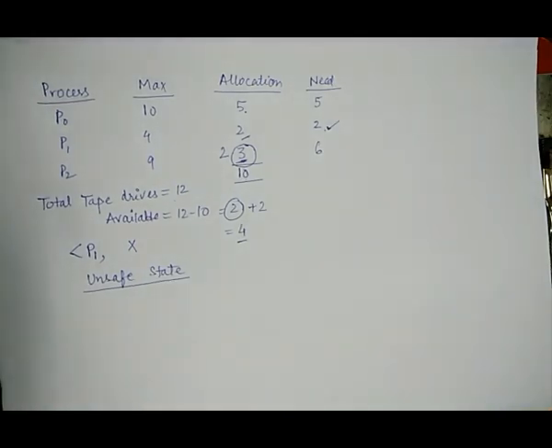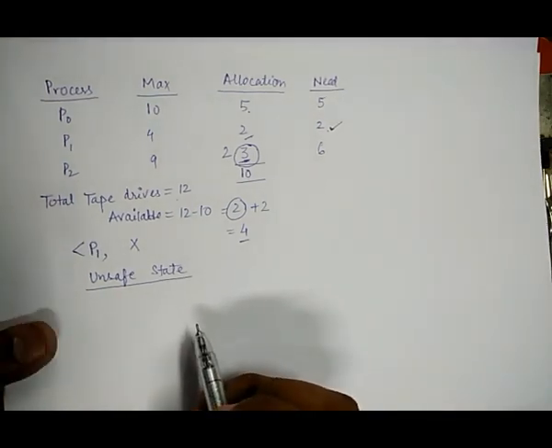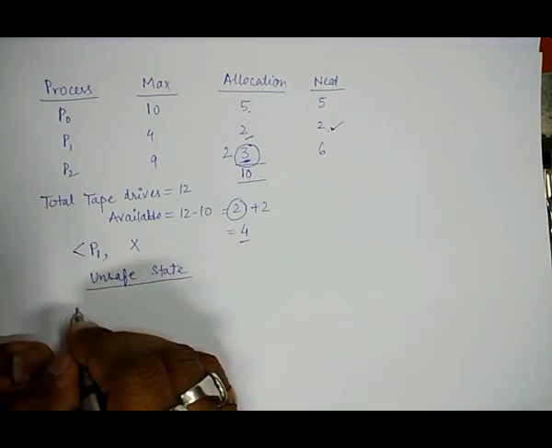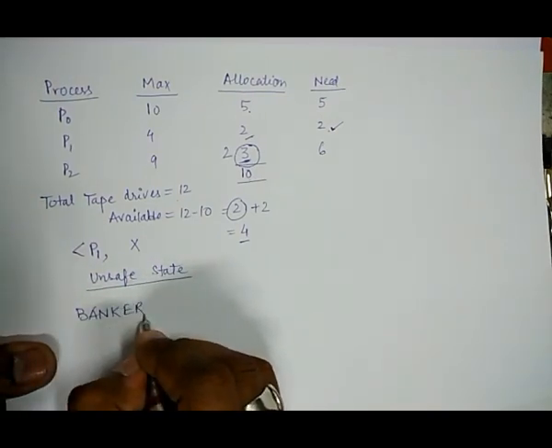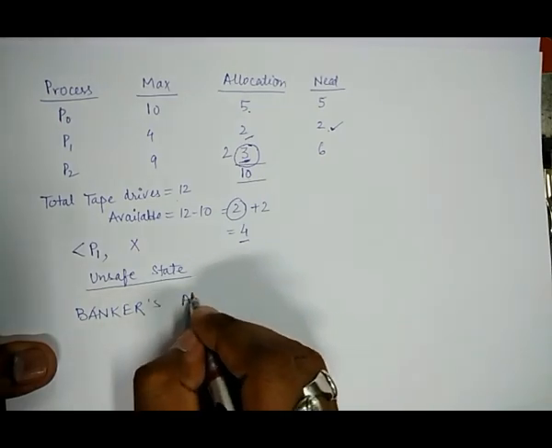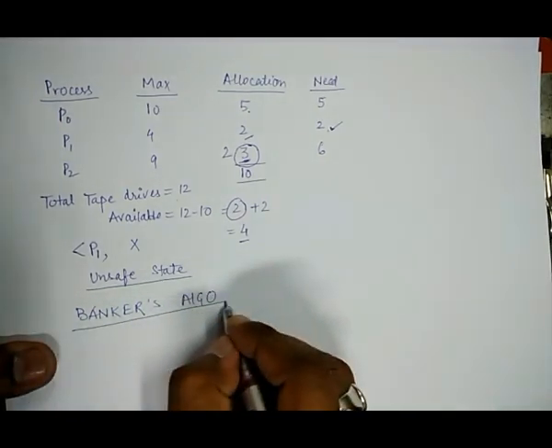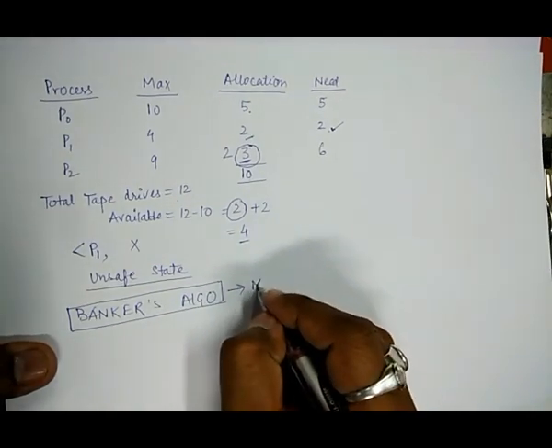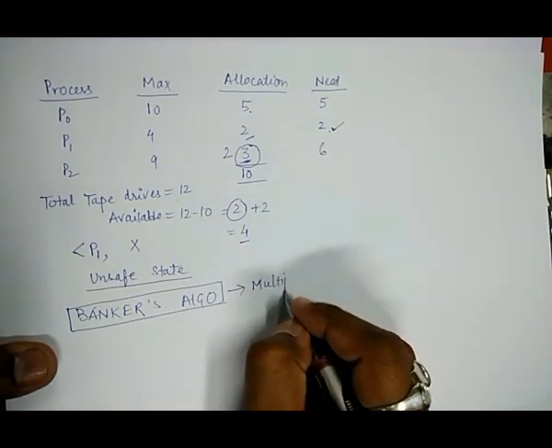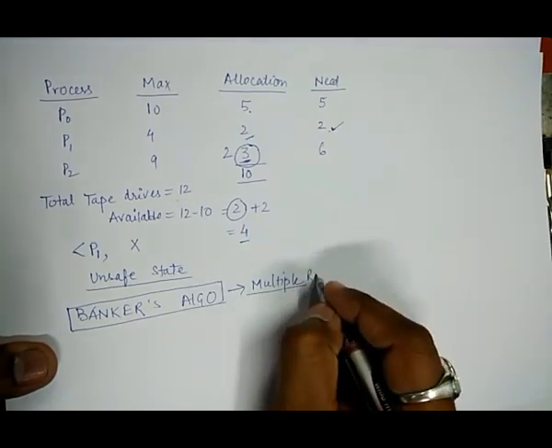And I hope you got the examples. So in the next lecture, we'll discuss the very popular algorithm for deadlock avoidance, which is called Banker's algorithm. This Banker's algorithm works for multiple resources.